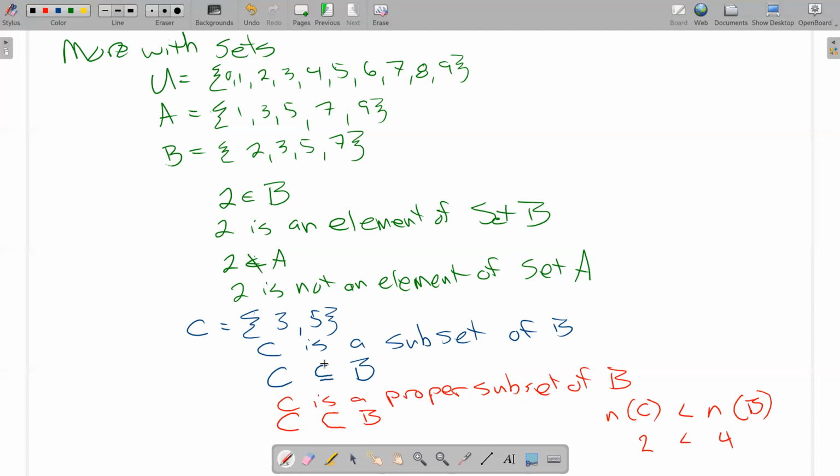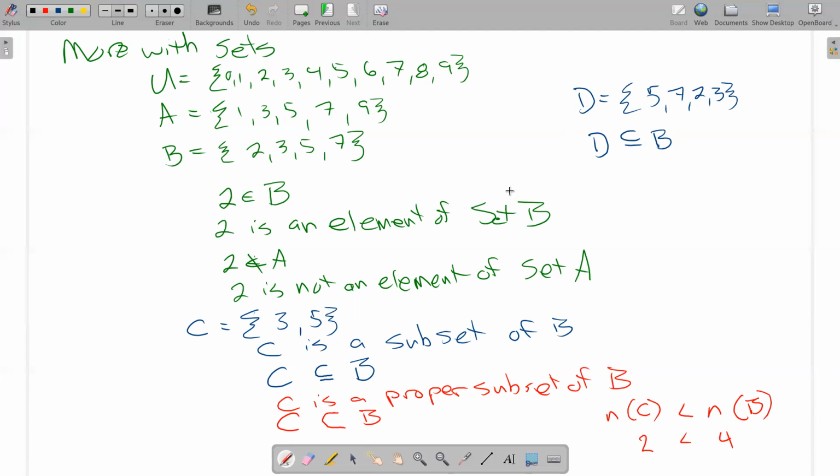And then this one appears like a less than or equal to. So if somebody made up another set that they called D, let's put that up here, and they said set D was 5, 7, 2, and 3, we could say that set D is a subset of B. Now it turns out set B and D are actually equal, right?